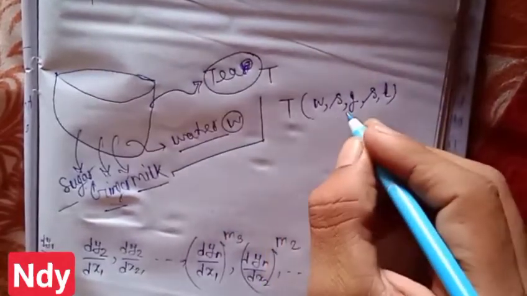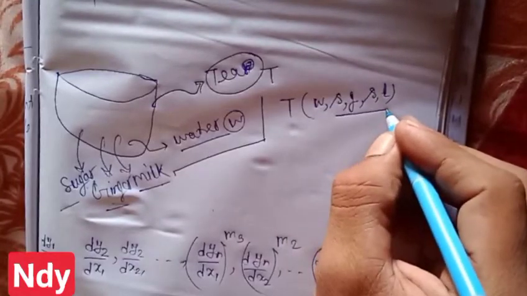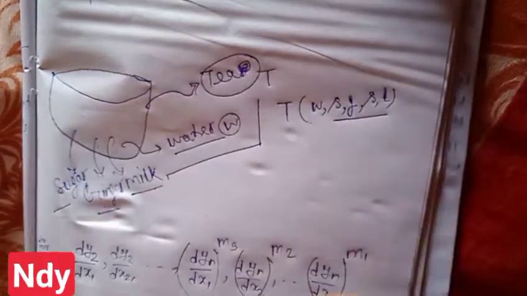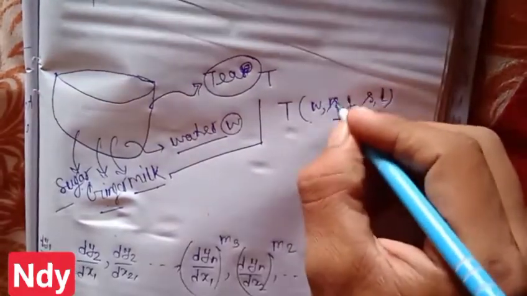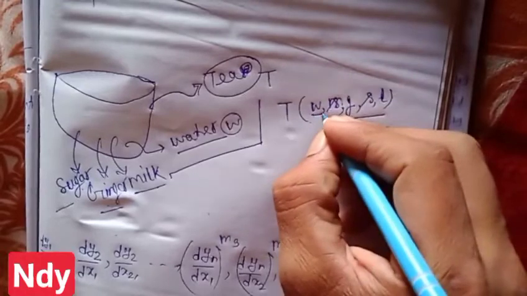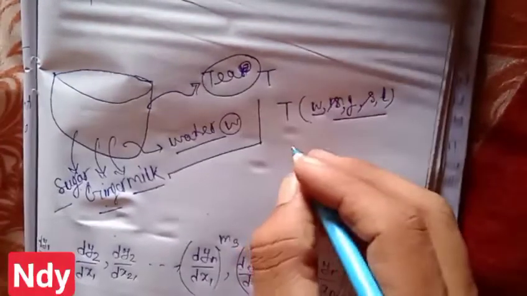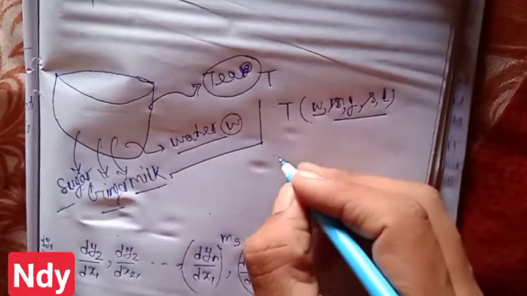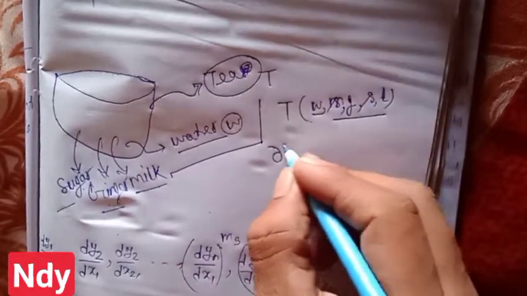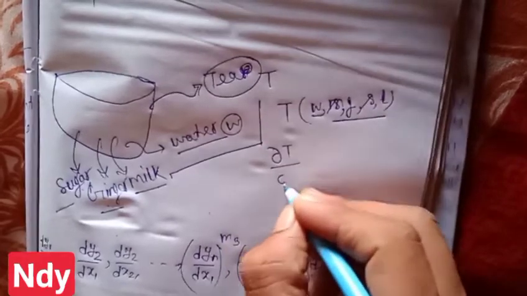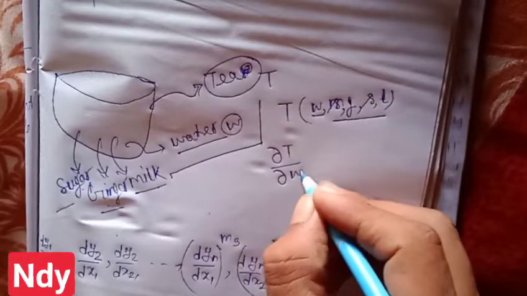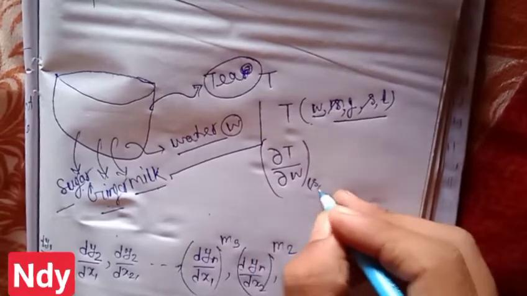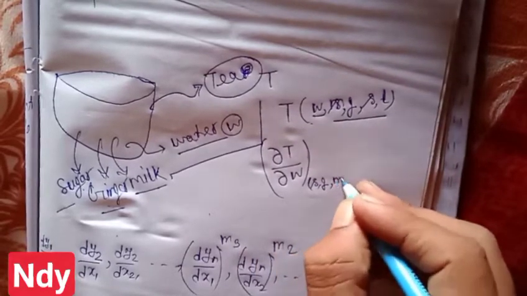We keep all these things constant, we will not change sugar, ginger and milk, and we will change only water, then the rate of change of the taste of tea with respect to water we will write as del T by del W, and all these things are constant, that is S, G, M and t.